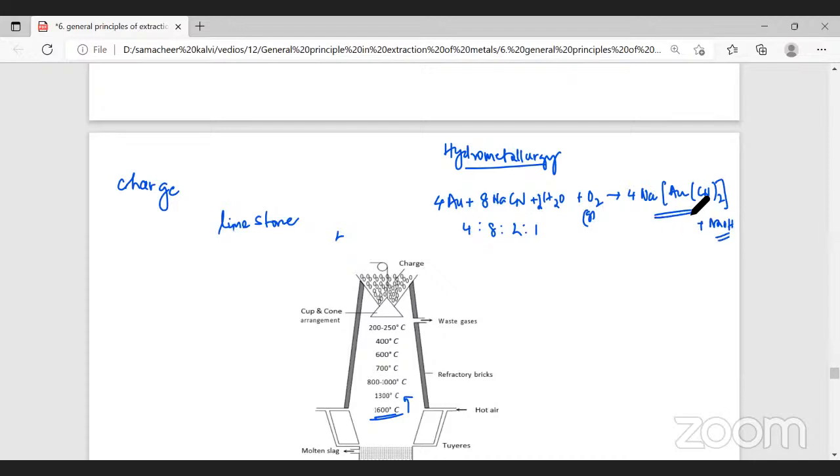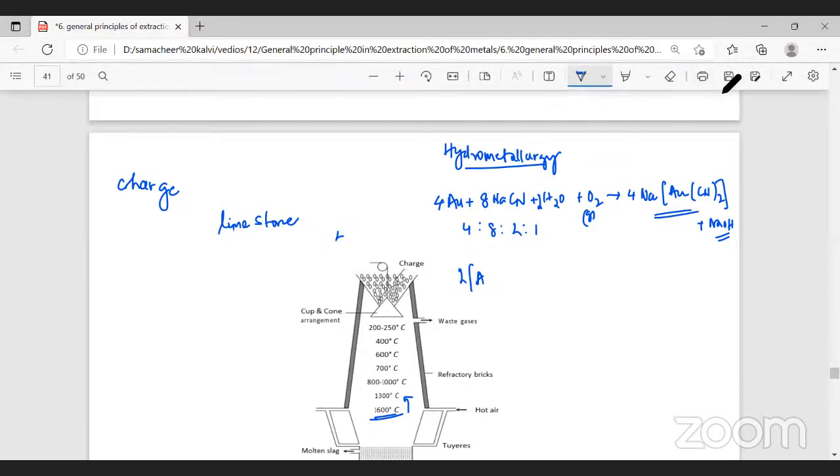It is a complex. You can name this by IUPAC: sodium dicyanidoaurate, with the oxidation number written. You can write that. Now, the second step is the sodium aurocyanide which is formed. I'll write it like this.